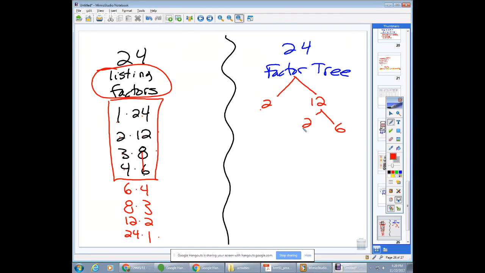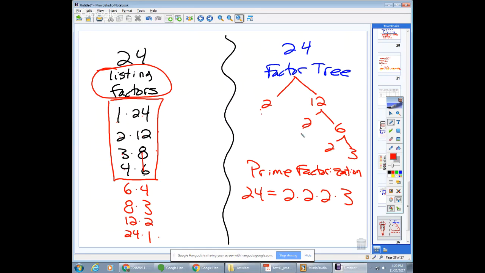And nothing much I can do with 2. 1 times 2 is kind of boring, so we ignore 1. Then I look at 6, which is 2 times 3. What a factor tree gives me is what's called the prime factorization. So 24 is equal to 2 times 2 times 2 times 3. I just look at the answers at the end of the branches.